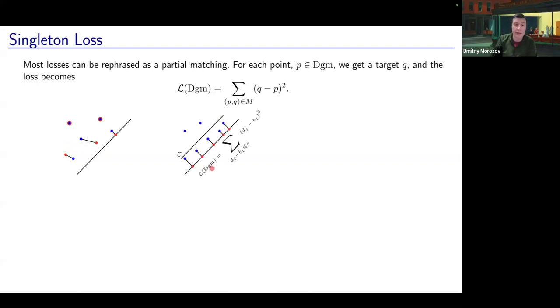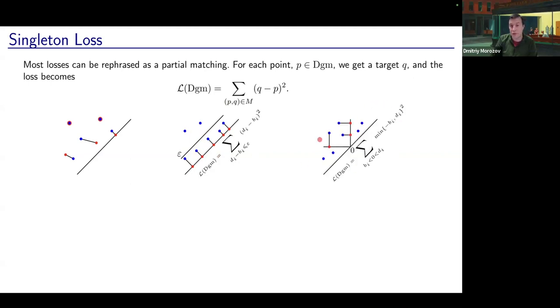Just as an example, when I talked about this epsilon simplification, where my loss is the sum of persistences squared of all points whose persistence is less than epsilon, I can think of it as matching all the points whose persistence is less than epsilon to the nearest point on the diagonal, and now I'm just trying to move these points over there using this formulation.